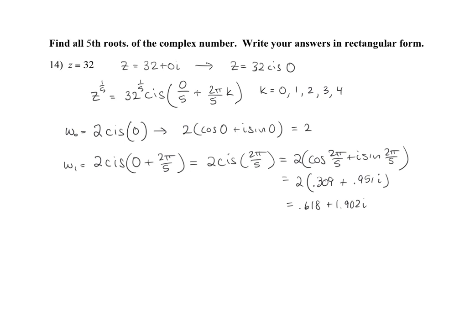Okay, in the case when k is equal to 2, 2 pi fifths times 2 is 4 pi fifths.